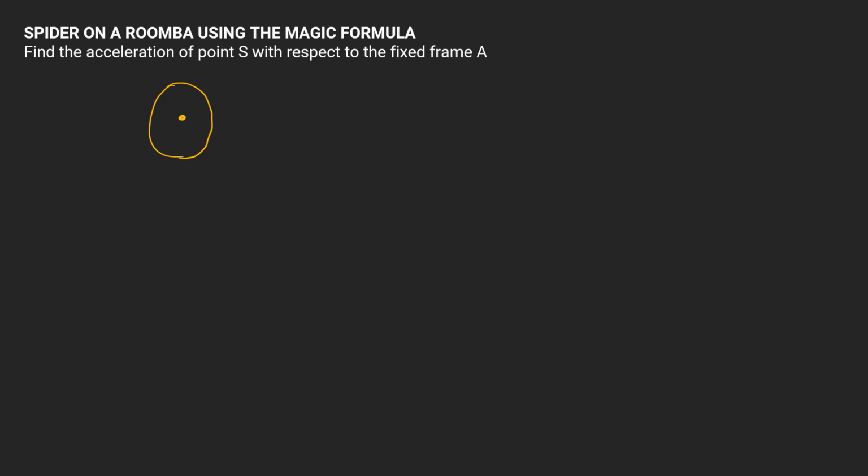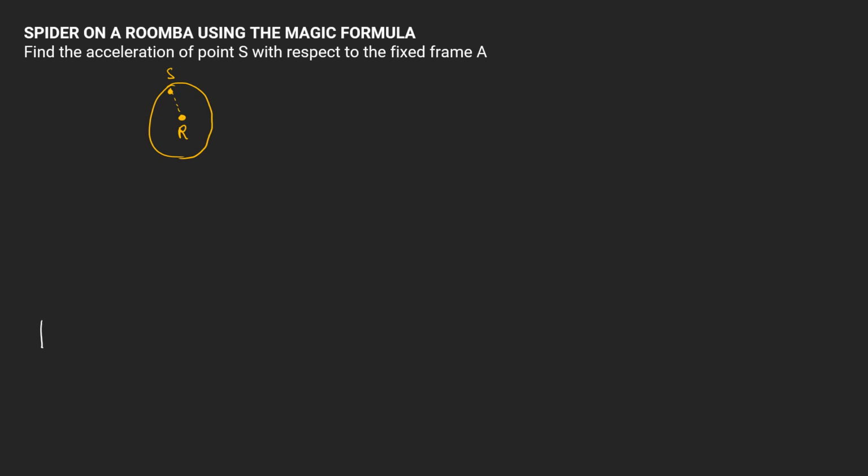So the center of our robot we'll define as point R, and the location of the spider is point S. And again, that spider can move in the radial direction along a single line, just inwards and outwards from the center of the robot.